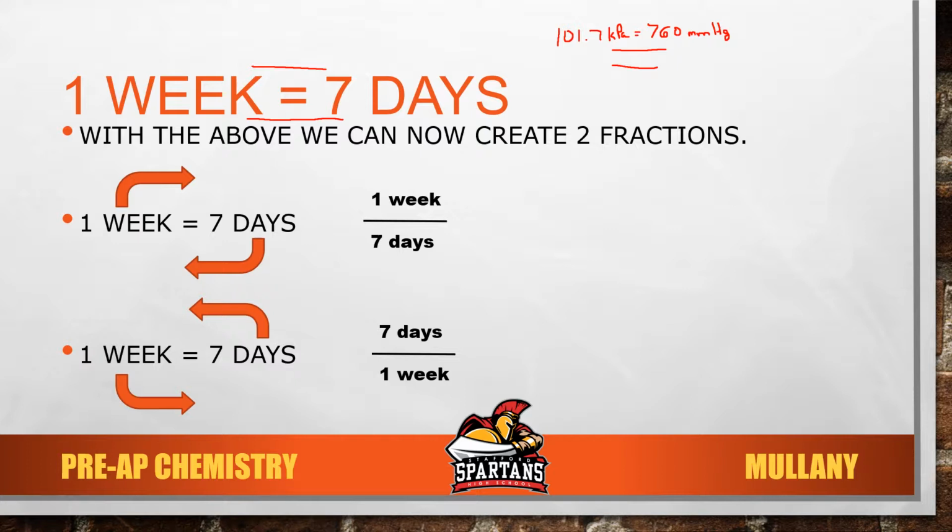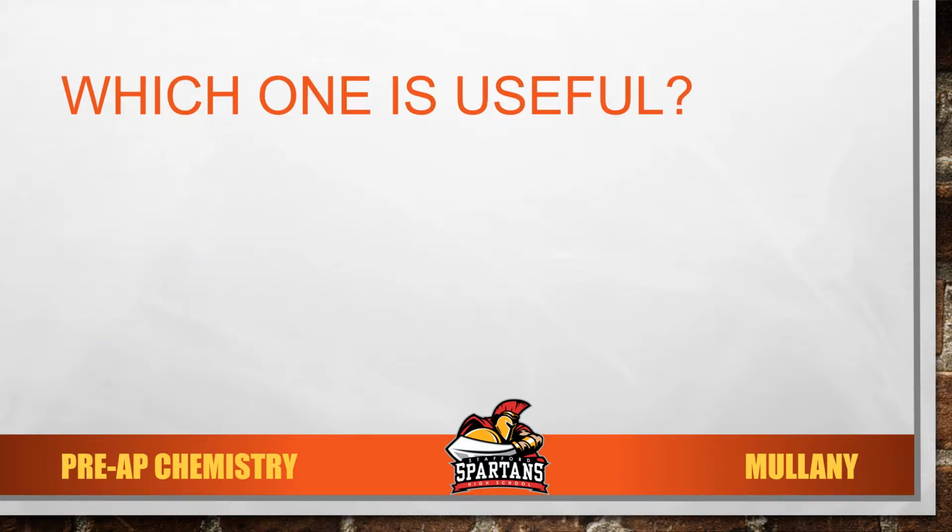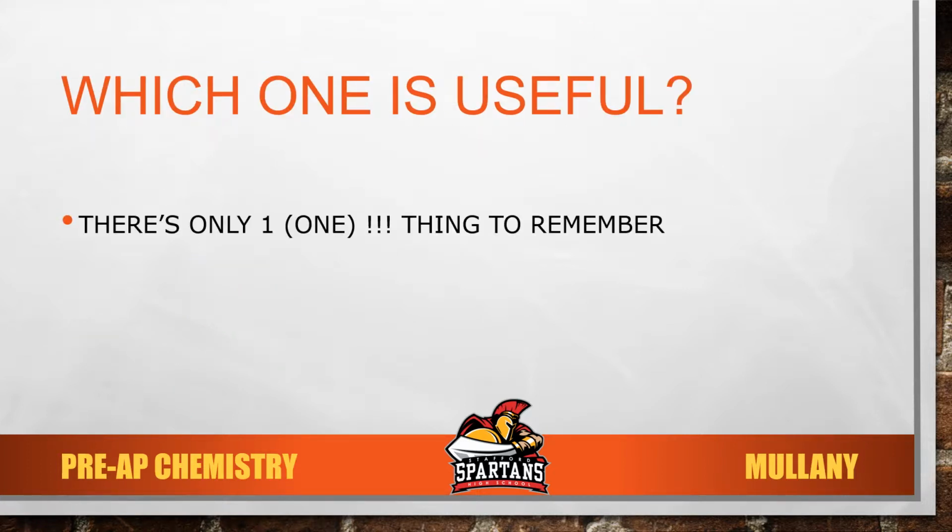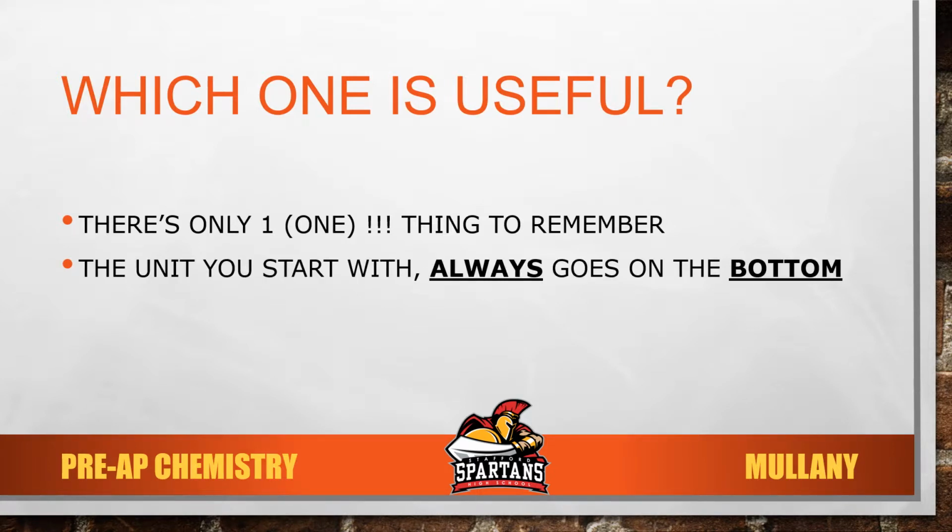Now, while both are mathematically valid, only one of them is ever useful to us. There's only one thing to remember in order to understand which fraction we want to use. The unit you start with always goes on the bottom.